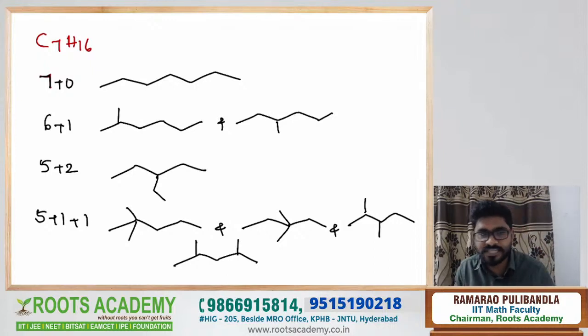So total how many possibilities we got? 1, 3, 4, 4, 8.